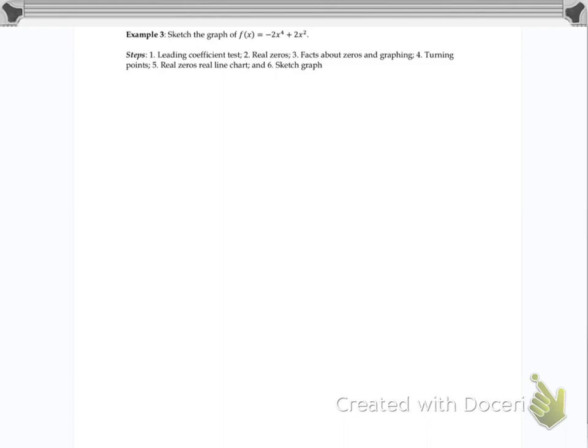Okay. So the first thing, the leading coefficient test, right? So we look, n is 4 and a sub n is -2. So that means we have even and negative, right? If you remember, even and negative means both ends will go down.